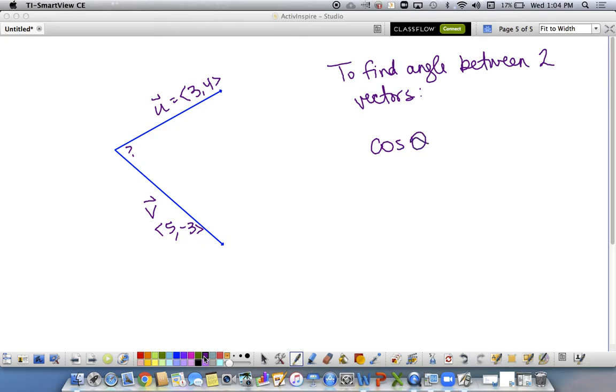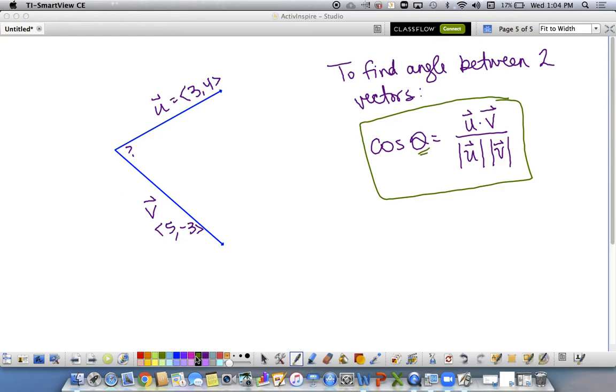Cosine theta will equal u dot v over the magnitude of u times the magnitude of v. Okay? So if you're given components of two vectors, can you find the angle between them? Yes, you can. You can solve for that theta.